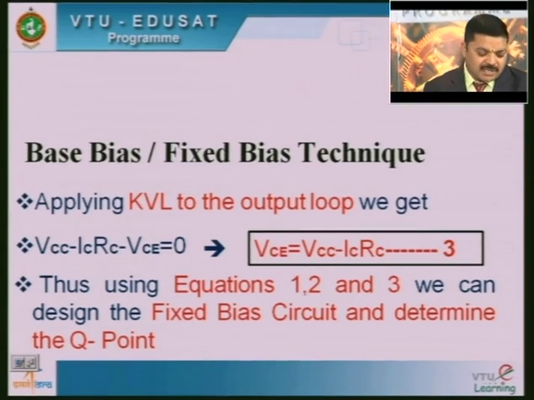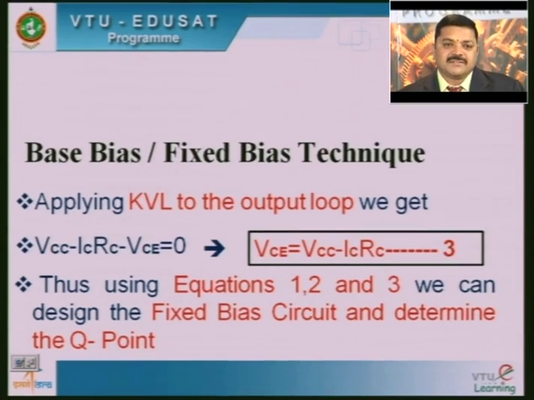But we will see the disadvantages of the fixed bias technique later. As I showed in the PPT, applying KVL to the output loop, we get VCC minus IC RC minus VCE equal to 0, which gives VCE equal to VCC minus IC into RC. As IC, RC and VCC are constant, equation 3 shows VCE is also constant.